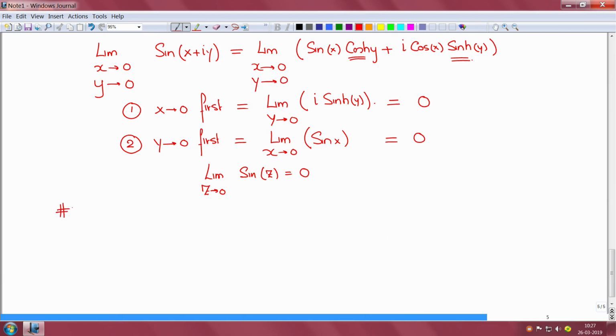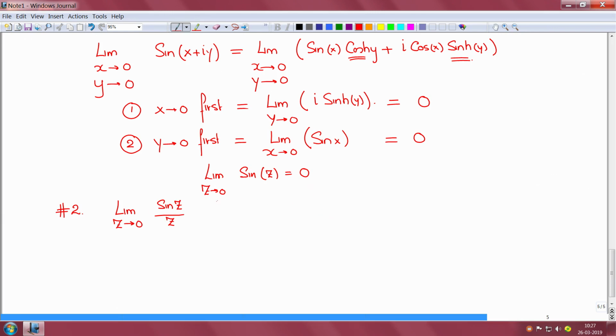Let us say we have another example. Example 2. We will look at limit z tending to 0 of sin z over z. Okay. This is the familiar sinc function.